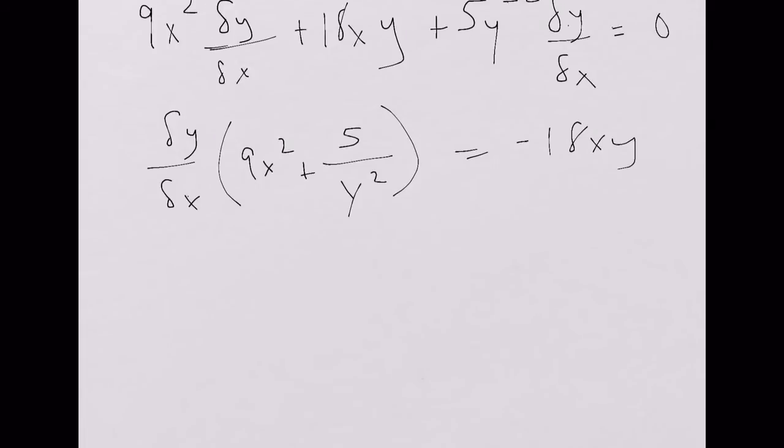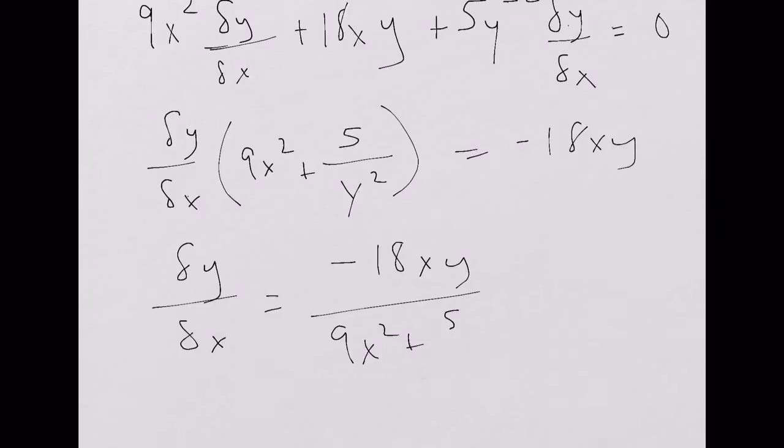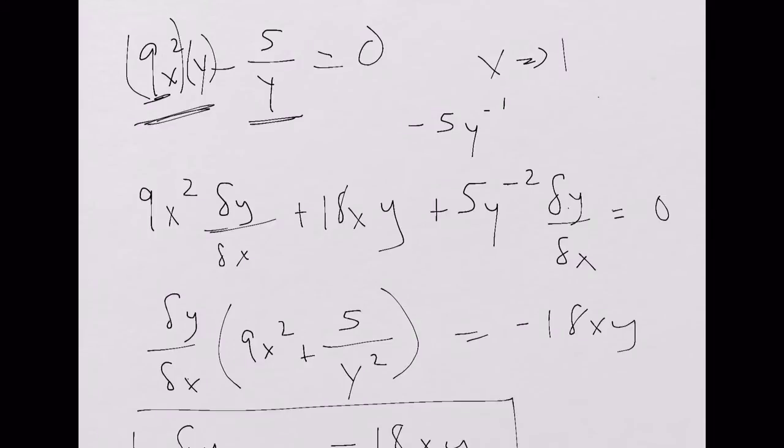And to solve for dy/dx, I would just divide both sides by 9x squared plus 5 over y squared. This isn't the exact thing that my WebAssign showed, but it is a manipulation. They got a common denominator, but WebAssign would take this. This is the derivative of y with respect to x of that initial implicit equation.